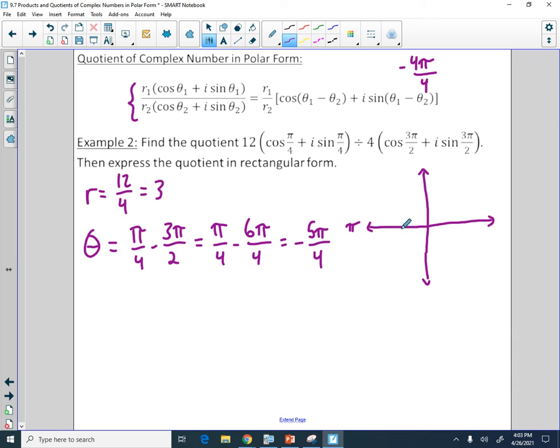Negative pi is right here. And then minus another pi fourths to get minus 5 pi fourths. So this is just how I think about it: we go negative pi and then another negative pi fourths, or 45 degrees. Right, so this is where we're at, and then we could think ASTC for later.